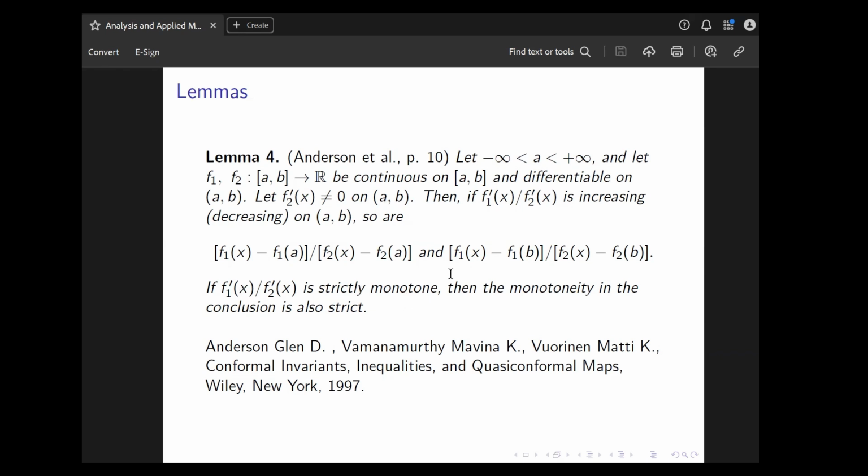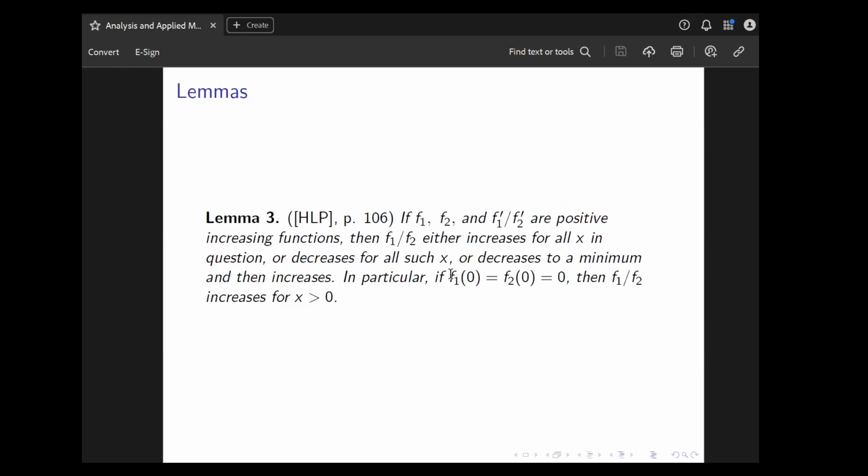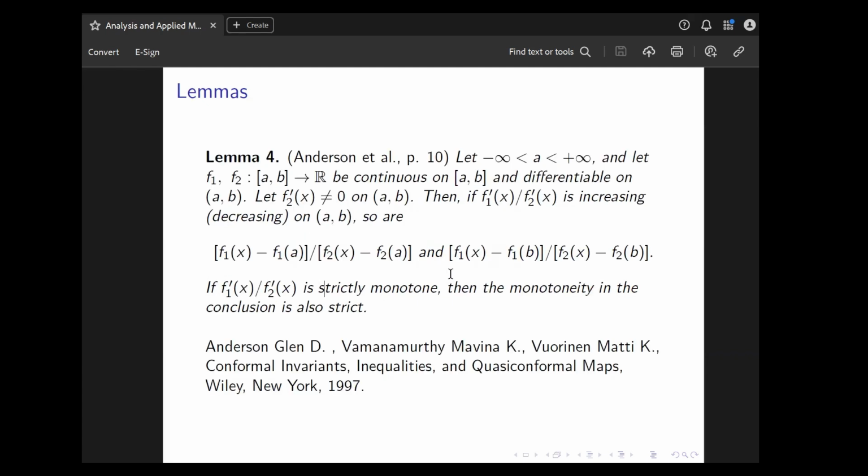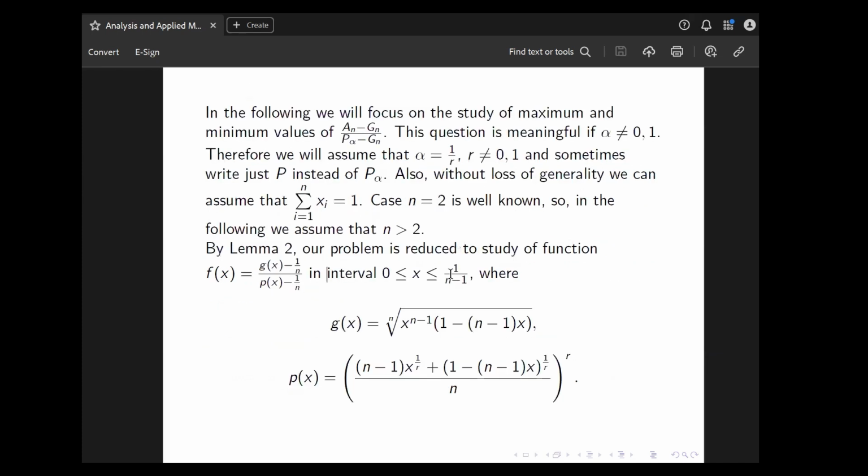This is a special case of Hardy-Littlewood-Polya's lemma, but it is very useful. Okay, so in the following, we will focus on the study of maximum and minimum values of this A_n minus G_n divided by P_alpha minus G_n.